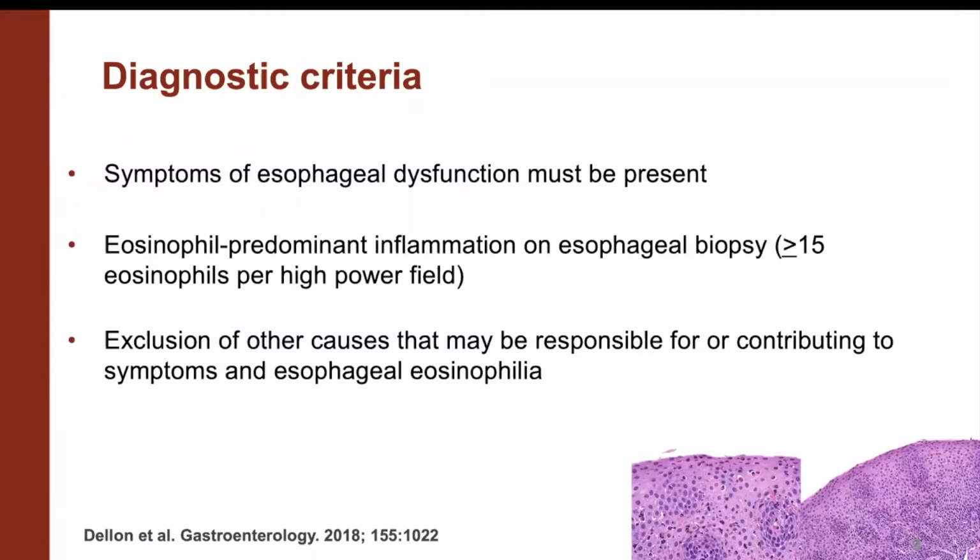And so that would be more specifically greater than or equal to 15 eosinophils per high power field on the biopsy. And we also would want to make sure we did a thorough history and exclude other causes that may be responsible for the symptoms or the eosinophilia.